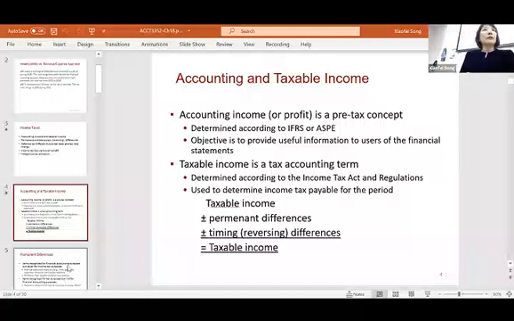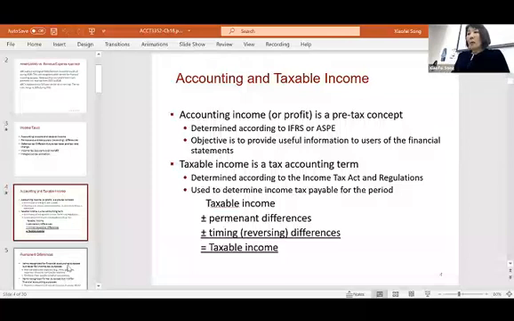Because it follows the accounting rules, the objective is financial reporting. It's part of the reporting to capture the financial performance, right? So it's subject to accrual-based accounting and all the revenue recognition and measurement rules.